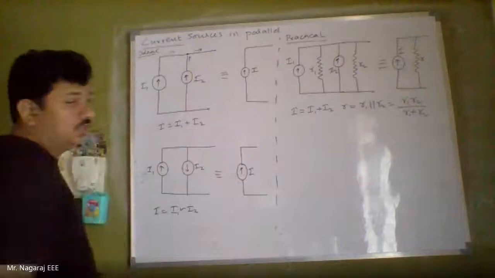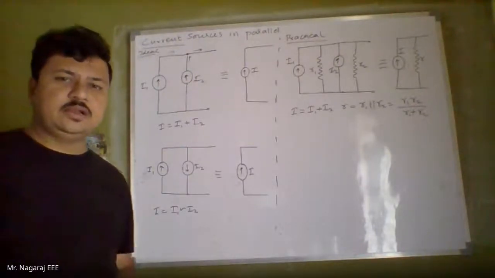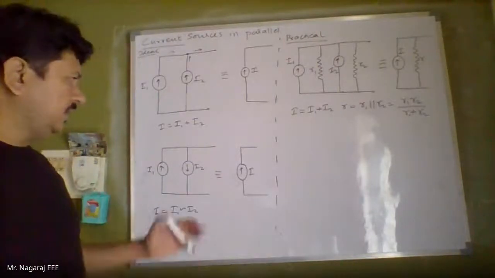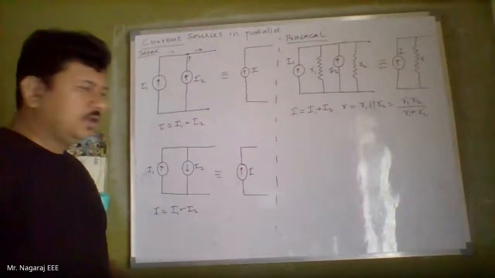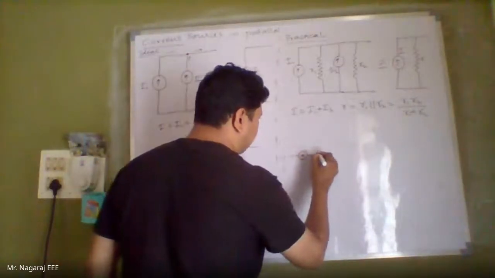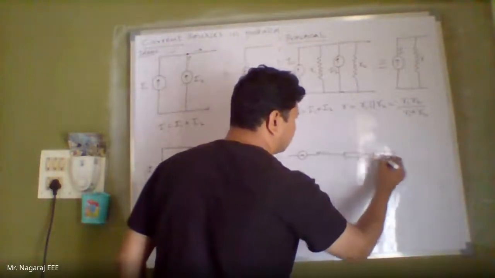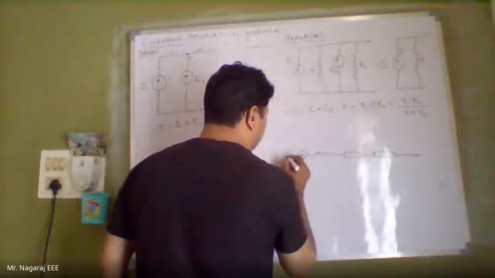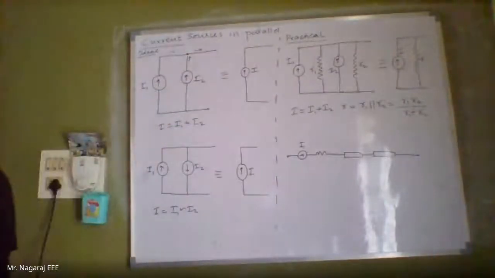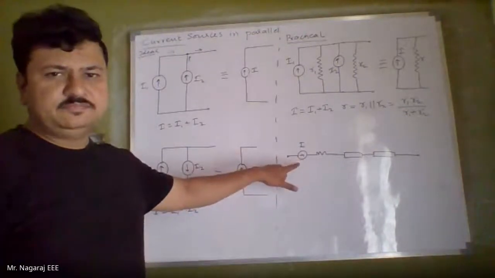Now there are two special cases. What if current sources come in series, and voltage sources come in parallel? Because we know that in a series branch, suppose I have a current source, a resistance, and so many things here, I expect the current in all the components to be the same, because it is by nature of a series circuit.